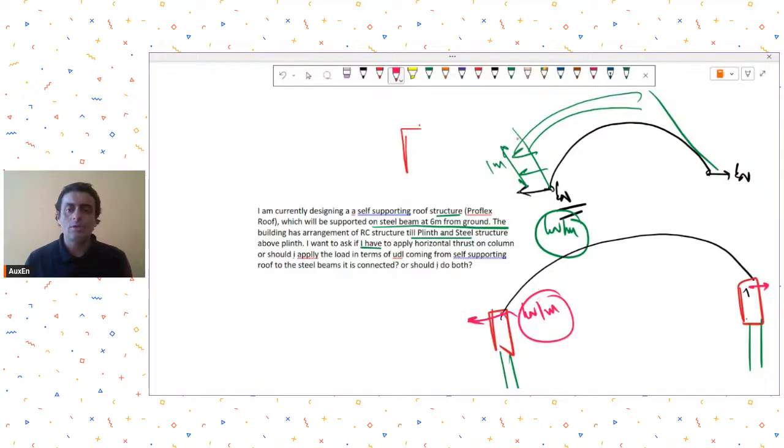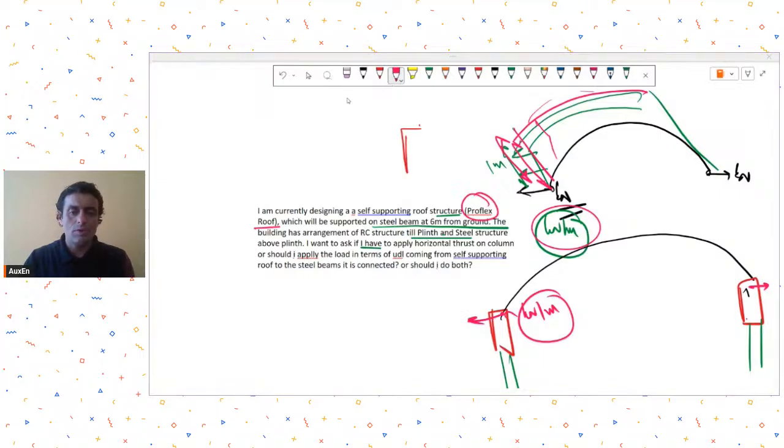For that you need to observe how the reactions have been given, for what length of this shed they have given the reactions. It will generally be mentioned in the output report that you get from these roof suppliers, for what length of this Proflex sheet piece the reactions have been given. Accordingly find out the kilonewton per meter and then apply it as UDL on the beams.